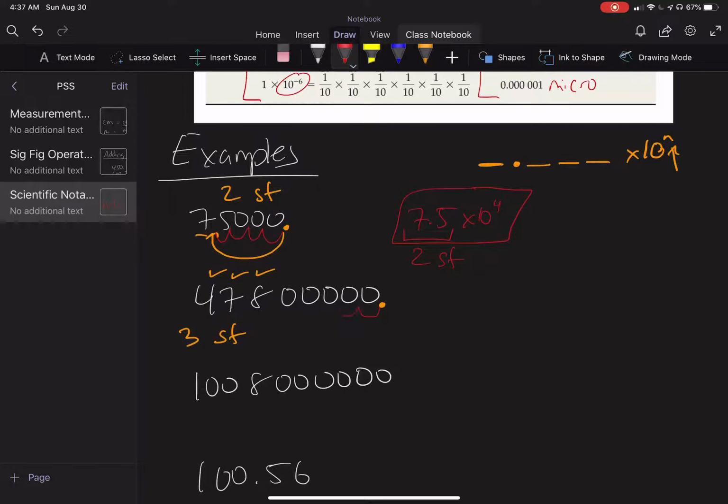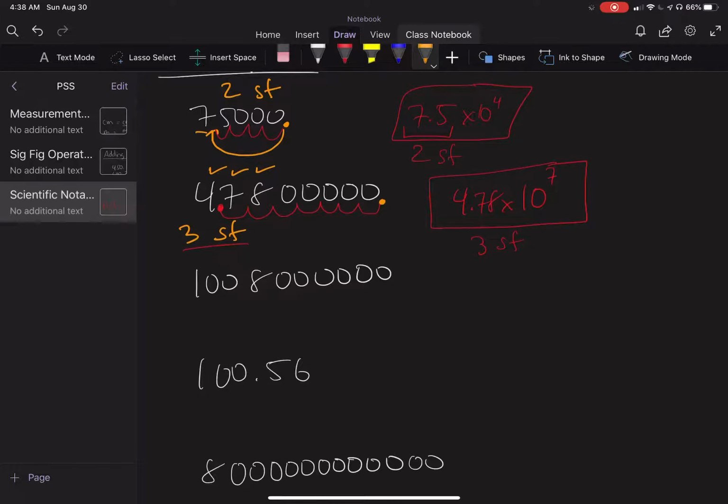So 1, 2, 3, 4, 5, 6, 7 places to the left. So it's going to be a 10 to the 7th. And then now we rewrite it where the decimal is in this spot. So 4.78 times 10 to the 7th. And 4.78 also has 3 sig figs, just like the original quantity.